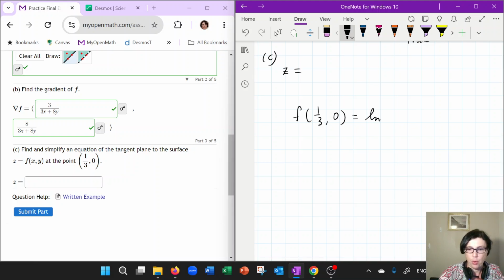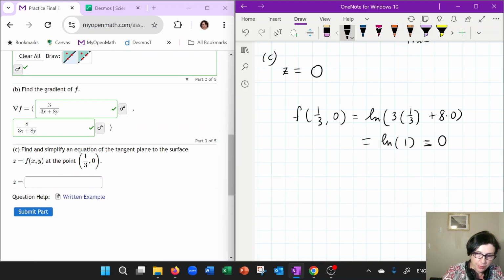Well, this was log of 3x plus 8y. Now, this is log of 1, and everybody should know that that's 0. Now, however, if this is not 0, then you will have something else over here. So don't forget that the tangent plane starts with the value of the original function at the point.